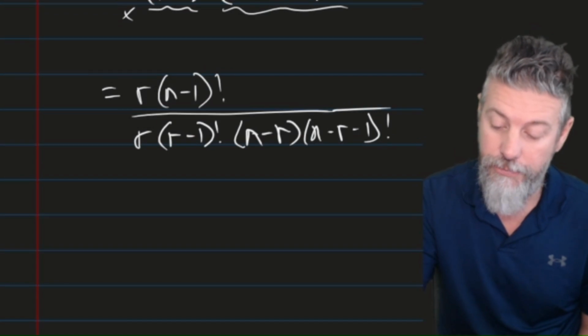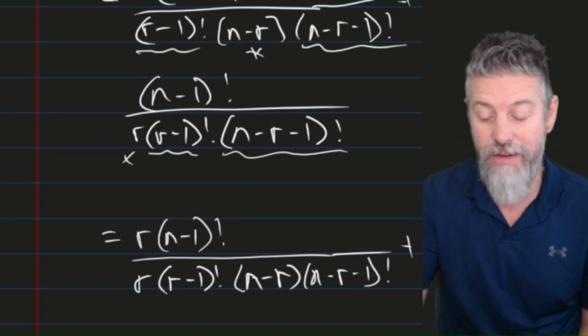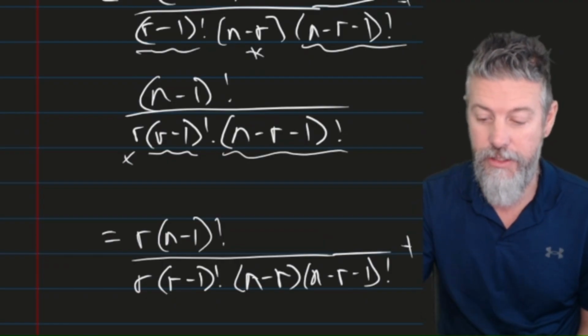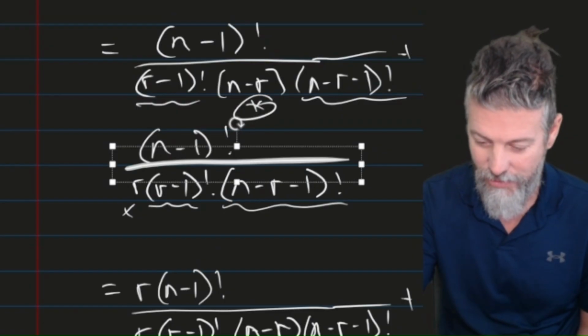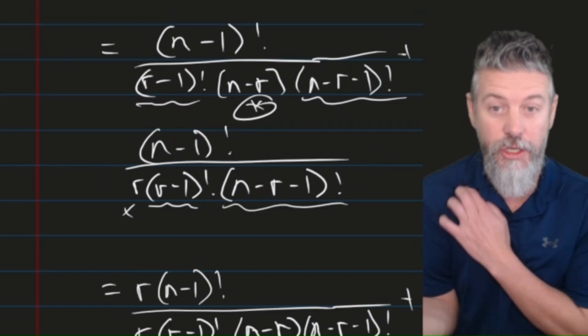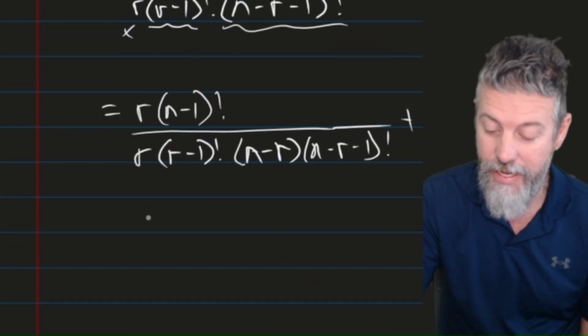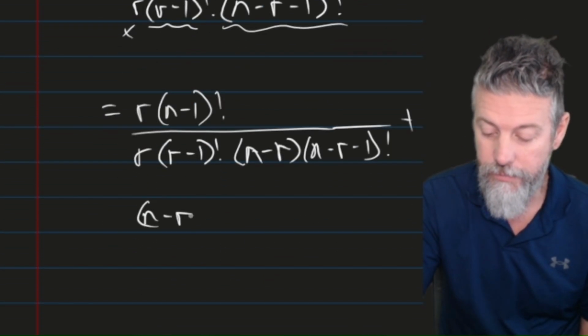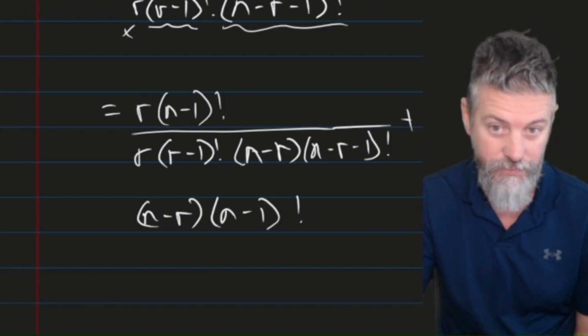In the second fraction, plus, we have to cross multiply the n minus r across, right? That's the term that's not in the other one, the n minus r. So we multiply across n minus r. Our top is still n minus 1 factorial on the second fraction.